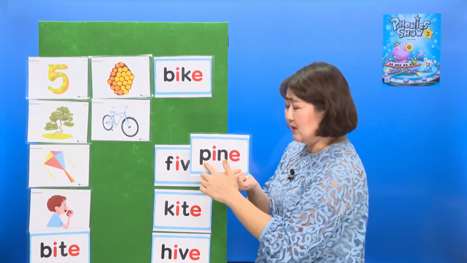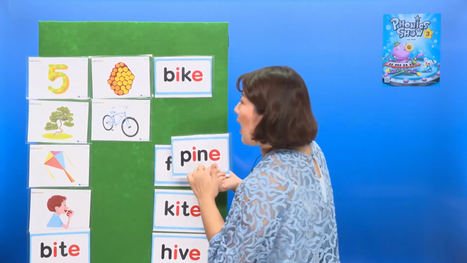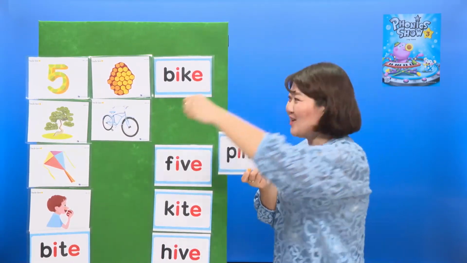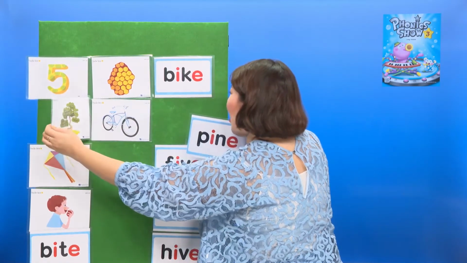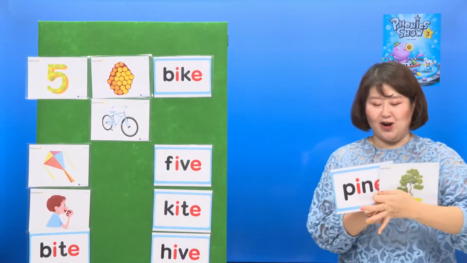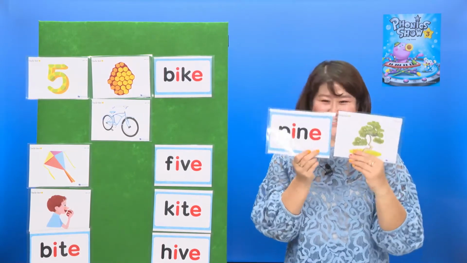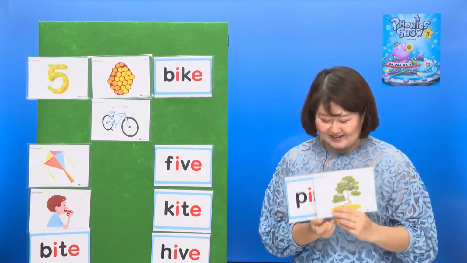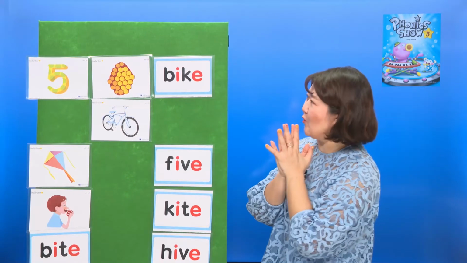Then no, right? Then pine, right? Good job, everyone. You are on fire. Pine. Perfect match. So I'm going to keep these two cards. So these are mine. Good job, everyone.